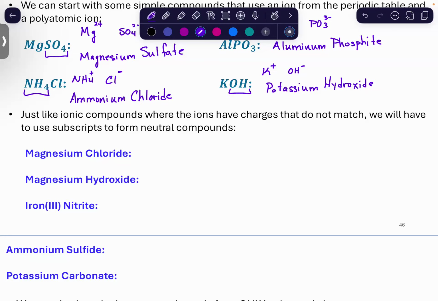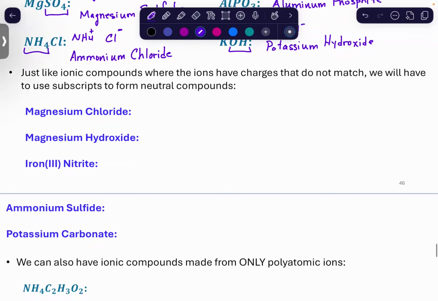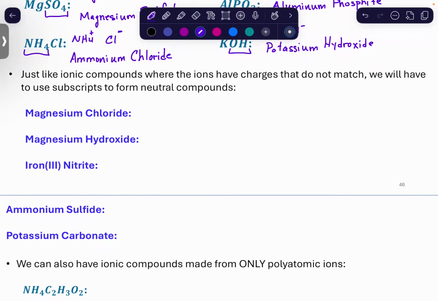So we also, like we were doing before, will come across situations where we have to use subscripts to make sure we form a neutral compound. So let's just start by looking at one that we were working on above. So this is magnesium chloride. Okay, well, from the periodic table, I know magnesium is a 2+, it's in column 2. Chloride is a -1.